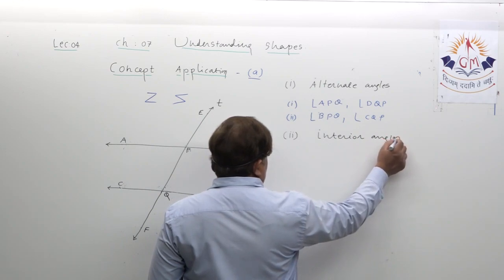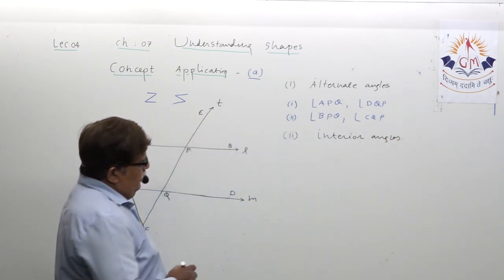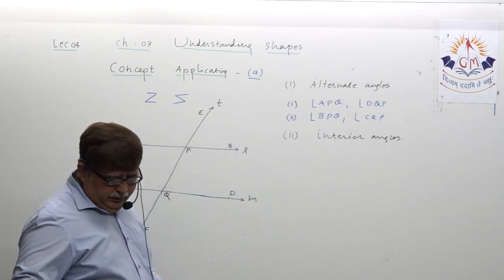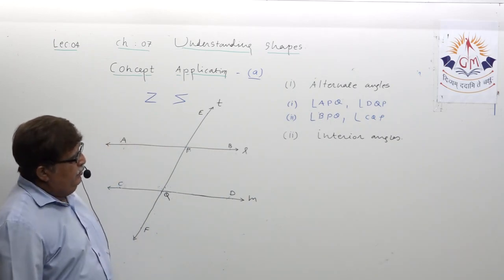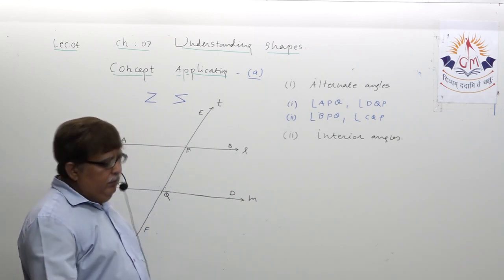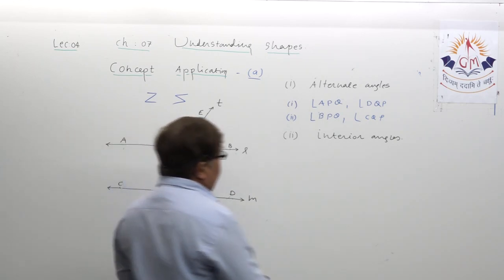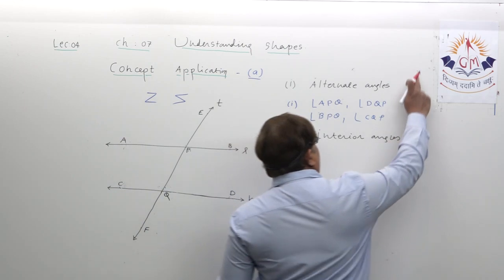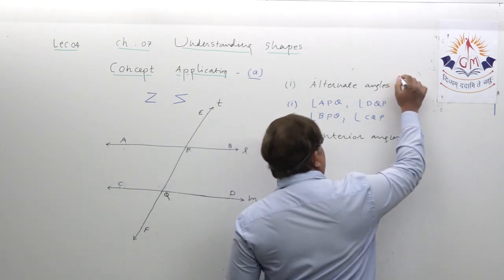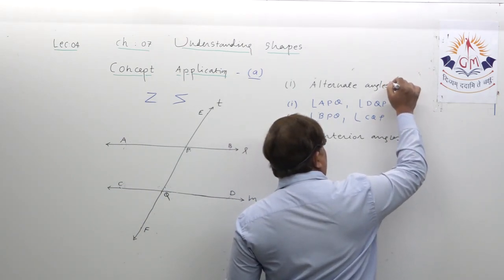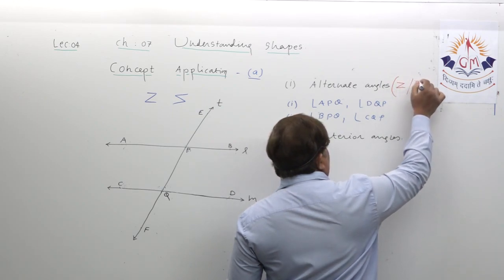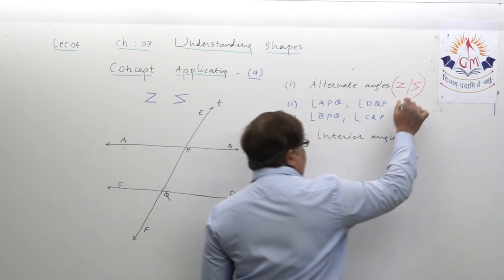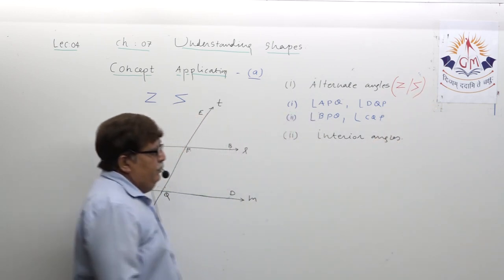How can we get interior angles? Like I told you, whenever you are looking for alternate angles, which two formations are in your mind? Z and inverted Z. Understand?